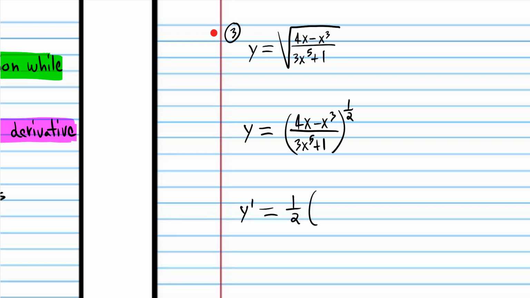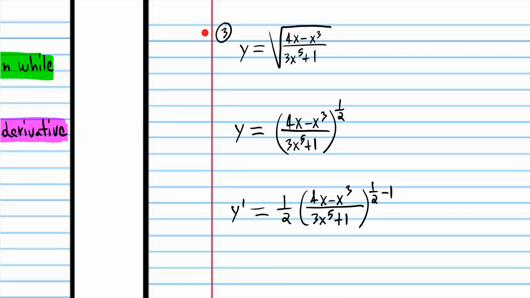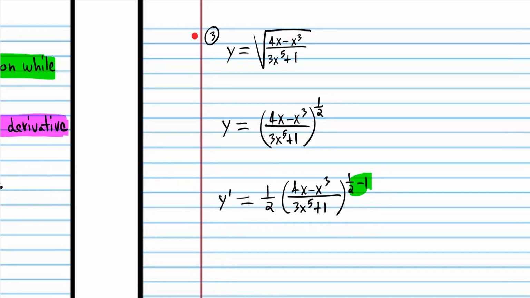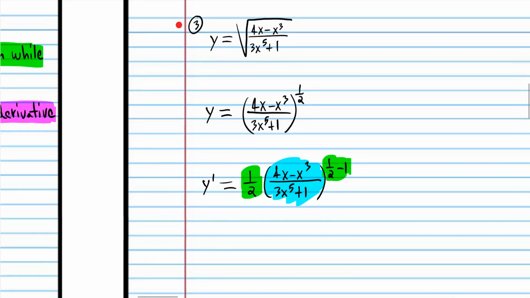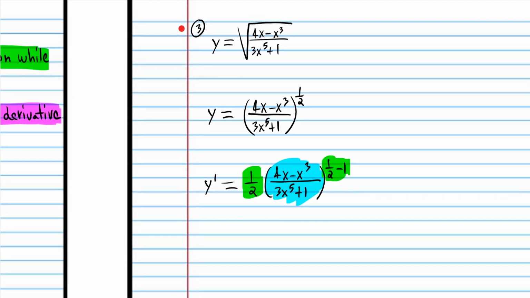Using the power rule, we'll find the derivative of the outside function. That's the derivative of the outside function. But notice we kept the inside function unchanged. That's what the chain rule tells us.